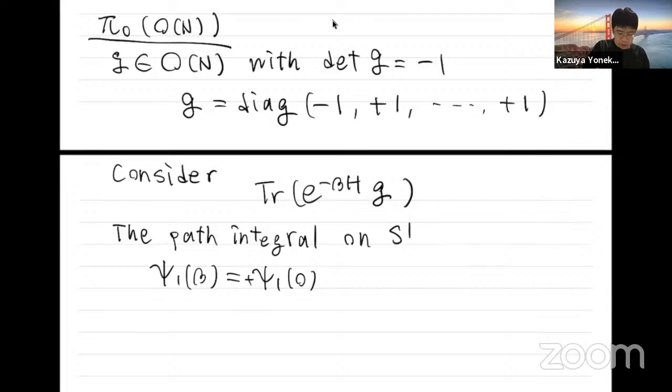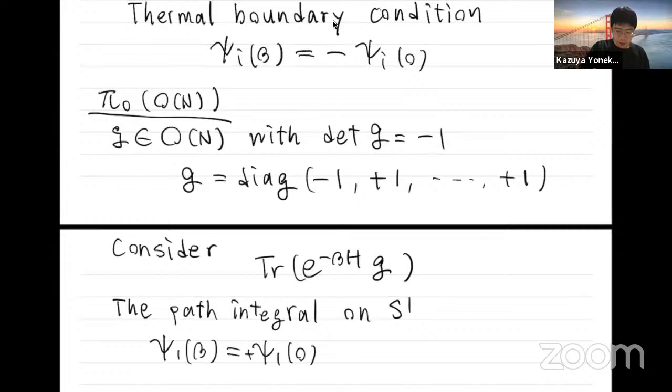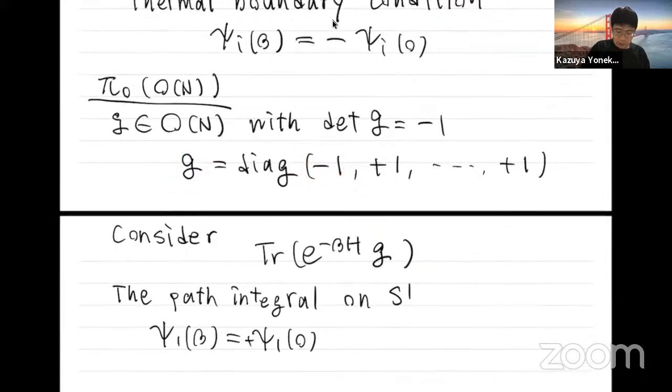So this is now plus. The reason is that from the thermal boundary condition, we had this minus sign. But from this group element, we have another minus sign. So by taking the product of these two, we get a plus here. And other components just obey this anti-periodic thermal boundary condition.